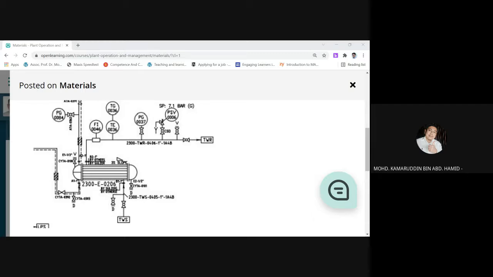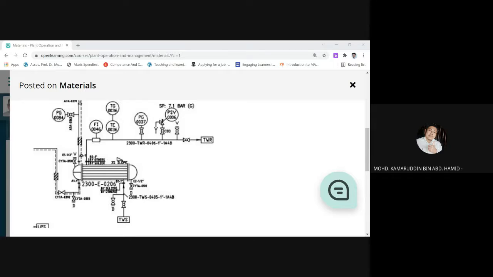When you're talking about boiling point temperature, you need to have a pressure reference. You need to refer at what pressure. 100 degrees C, yes, but at 1 bar ataupun 1 atm.